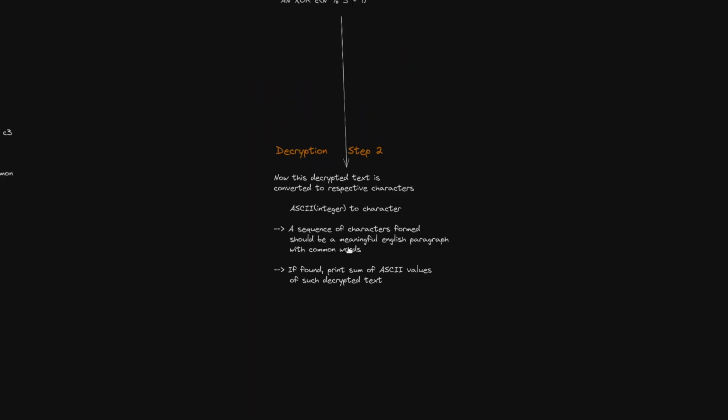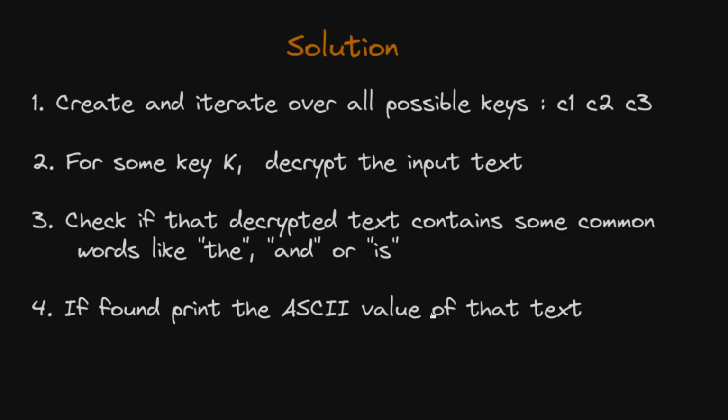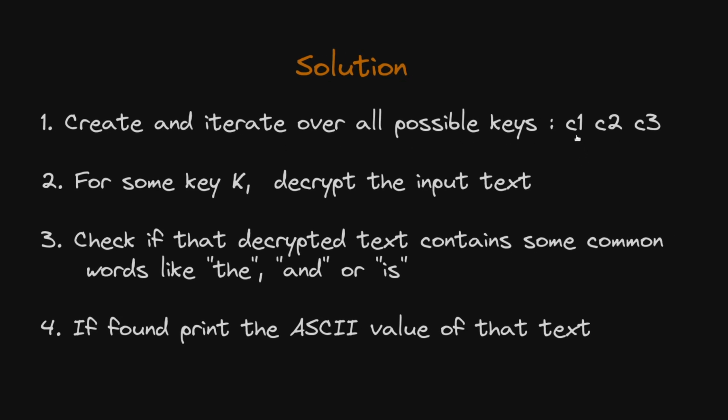So this was a fairly straightforward approach, and let's also go over the solution in brief. First of all, we need to iterate over all the possible keys C1, C2 and C3. C1 can take 26 values, C2 can take 26 values, and C3 can take 26 values. For all of these permutations, we start off with the key k, considering all possible choices for C1, C2 and C3, and decrypt the input text as we saw in the 2 steps earlier.